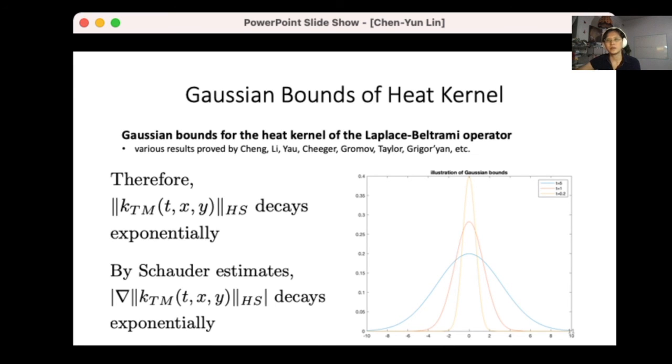This is the core inequality, or the core bound, that we use for proving the main theorem. I'm not going to go through the details, but just keep in mind that the Hilbert-Schmidt norm of the heat kernel or its gradient has a very fast decay.